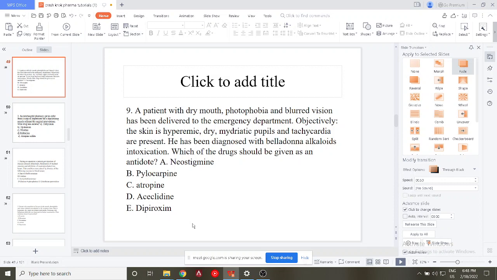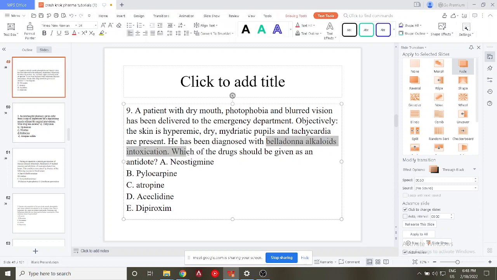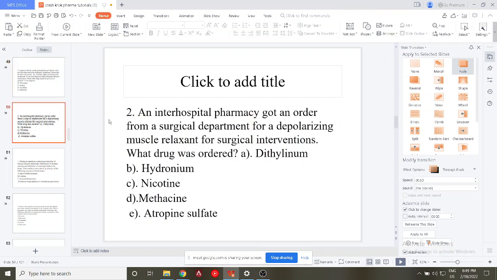Neostigmine. Yes, that's correct. So take note, I forgot to tell you about this: belladonna alkaloid has the same effect as atropine. So this is basically atropine overdose, and we can see that the symptoms here are the opposite of cholinergic. So we're going to give a cholinergic drug, which is neostigmine, to reverse it. Okay, next question.